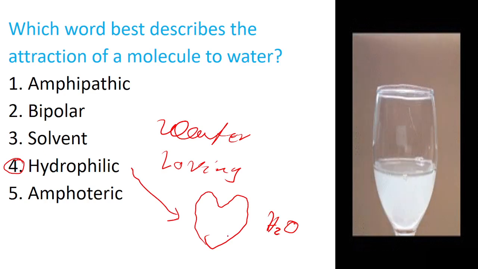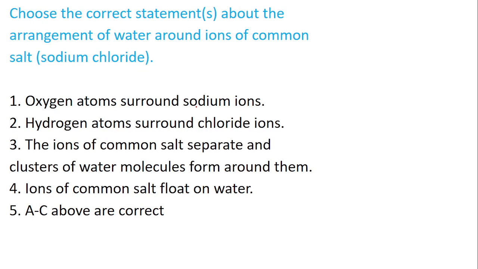We move on. Choose the correct statement about the arrangement of water around ions of common salt. So if you look at salt, which is sodium chloride, when this one dissociates, it will become sodium positive, and this one will become chloride negative. And then if you look at the nature of water, it has a hydrogen and another hydrogen.